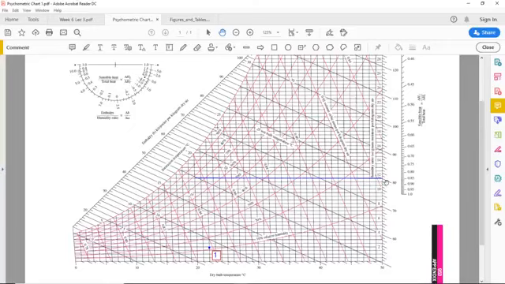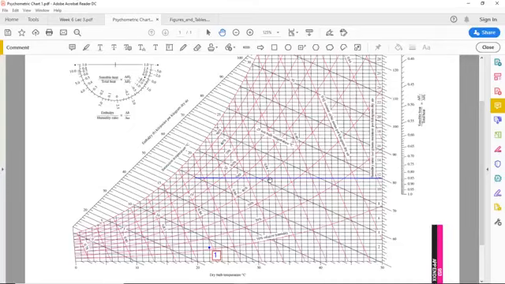We need a second value of a property at the end of the process, and that will be worked out by using the equation we had for energy balance. That was m dot a into (h2 minus h1) is equal to m dot w hw. hw we will get from the table.